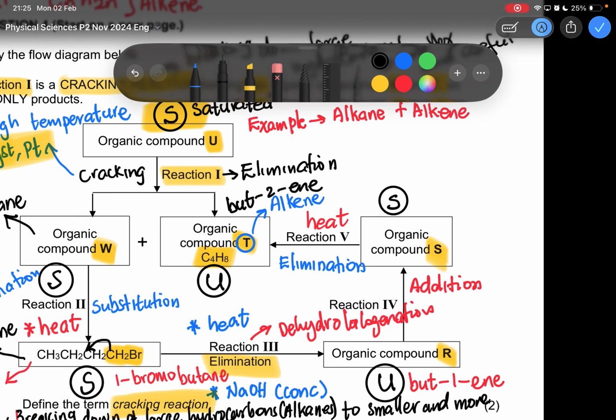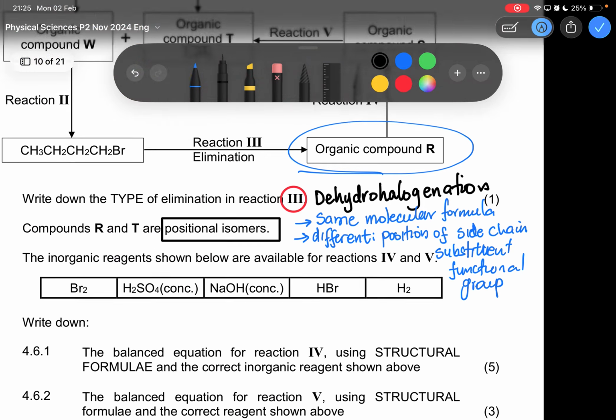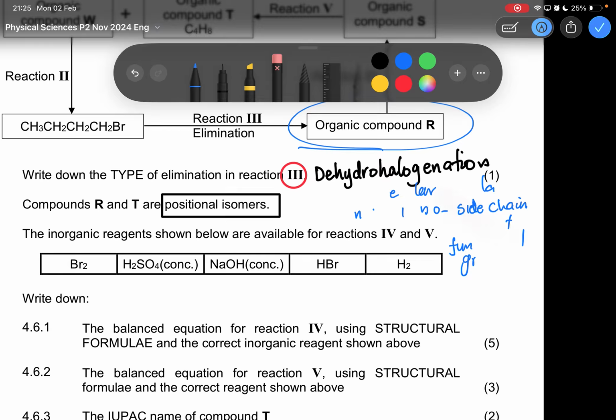So but-2-yne and but-1-yne, those are positional isomers. So that's what they are saying on this question. So we know what a positional isomer is, and what is changing position. Maybe let me leave the definition out.